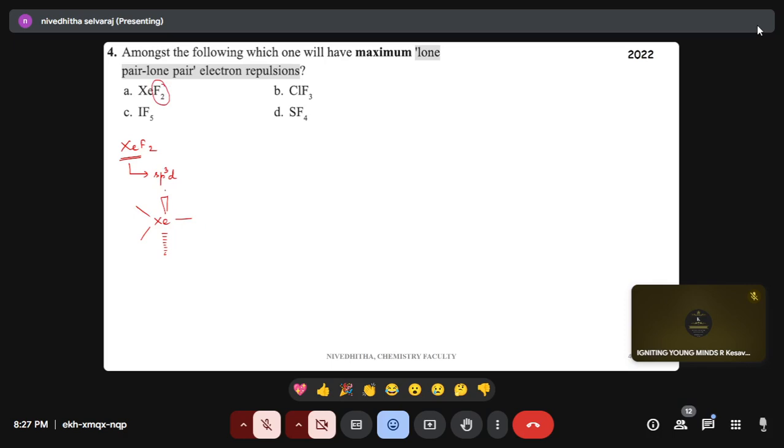So I'm going to have 2 fluorine atoms, one at the top, another at the bottom. So I have 3 empty bonds. I'm going to fill them with lone pairs of electrons. So what is the shape of this molecule? Originally it was trigonal bipyramidal, but now it is linear. Very good, it is linear.